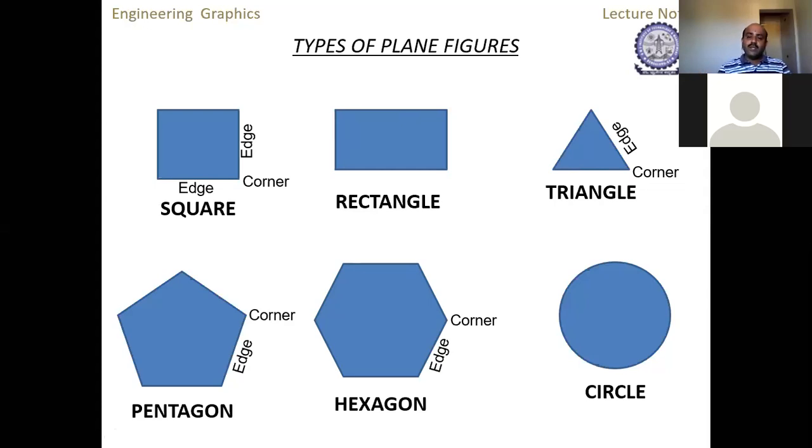Here, the initial position: resting the lamina either on the edge or on the corner. This is one of the most important steps in engineering drawing. Either you have to rest it on the edge or on the corner. So this is why I'm talking about these two things here, edge and corner. These are the two important things.